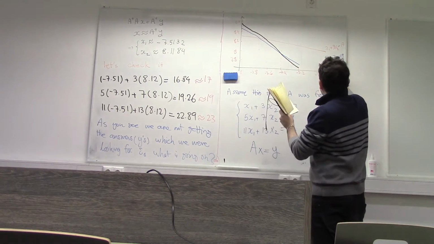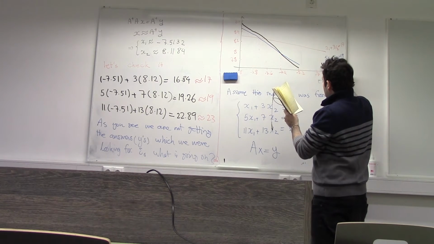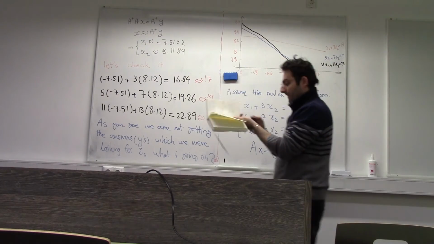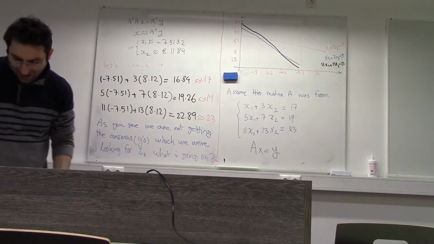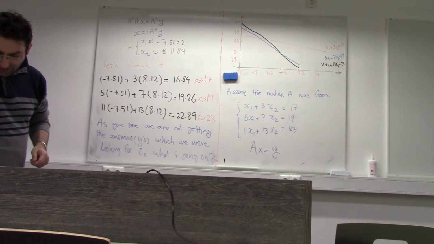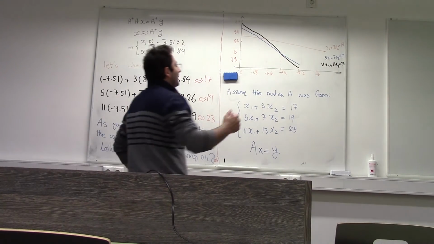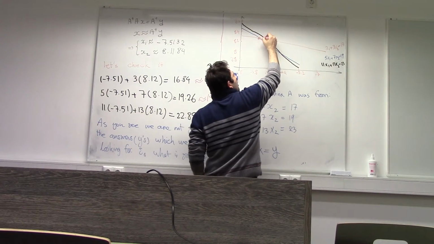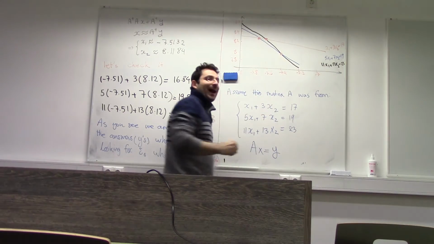And this one is equation 11x1 plus 13x2 is equal to 23. This is what's happening actually. And we have three lines and they are not intersecting each other at one point.